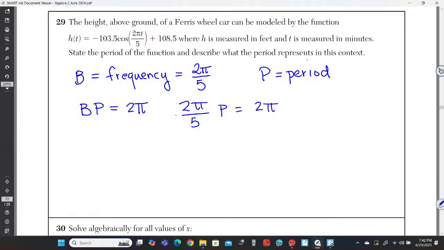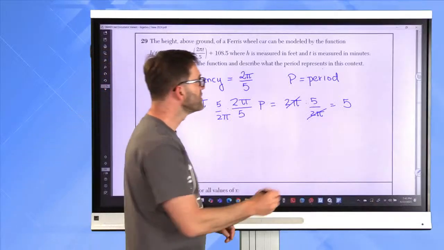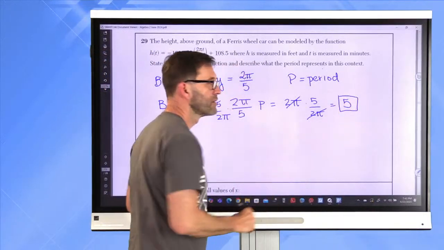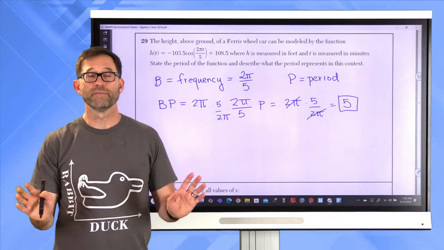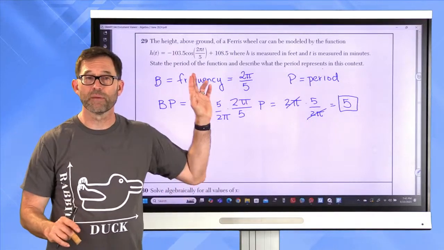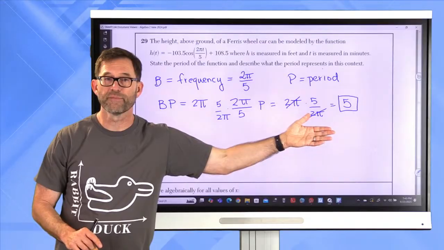And now if I multiply by 5 over 2 pi on both sides, right, I get the 2 pi's cancel, and my period is 5, right? So the period is equal to 5. Great. That's 1 out of 2 points. State the period. The period is 5, right?